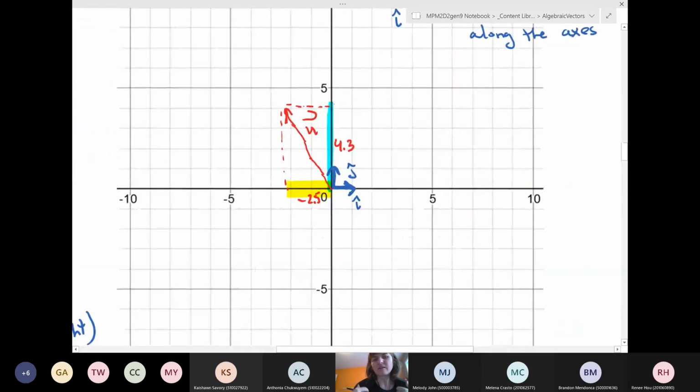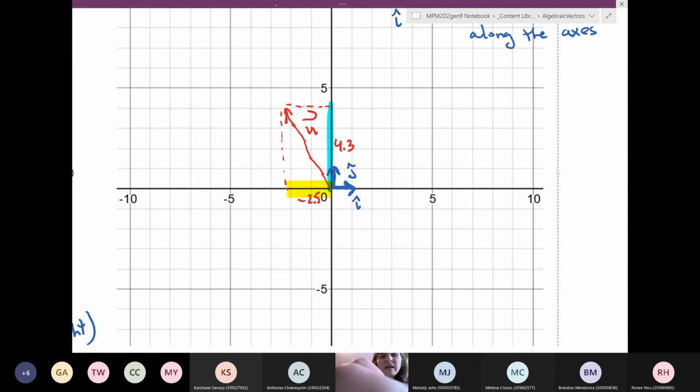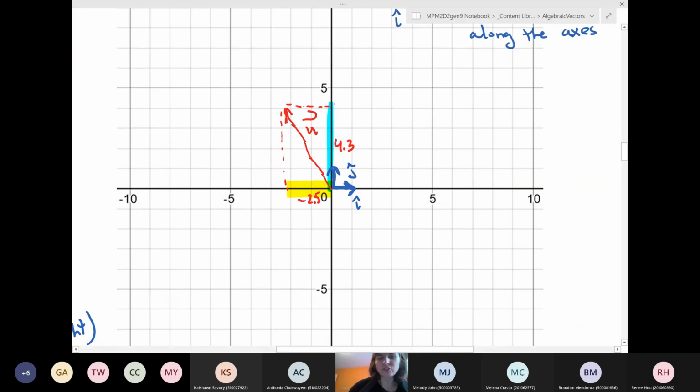So how do we use these unit vectors to create vector u? Do you agree if I were to take the vector j and stretch it? Imagine I took j and multiplied the j vector by 4.3.